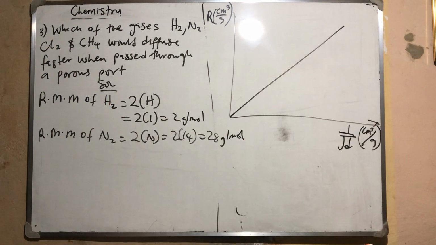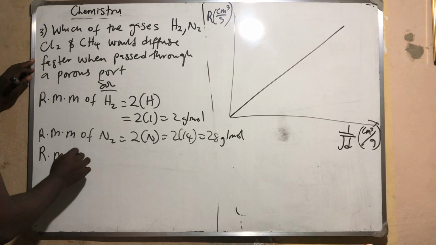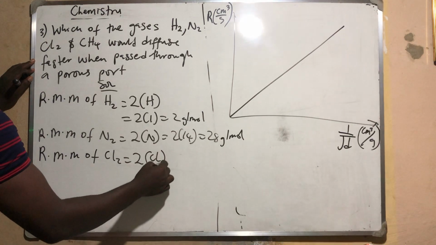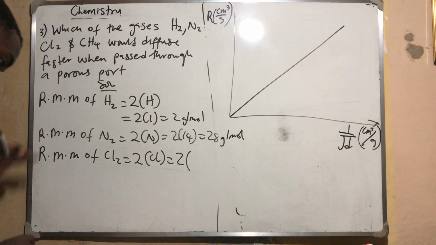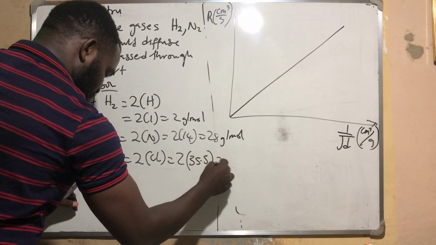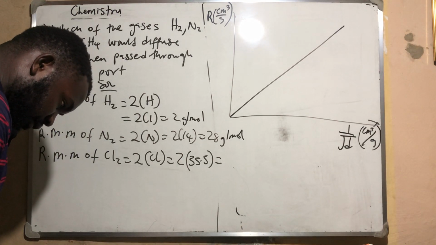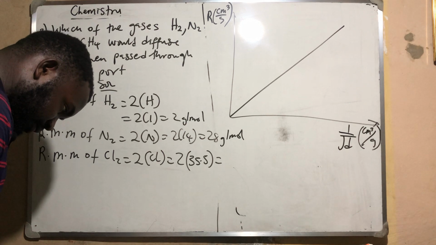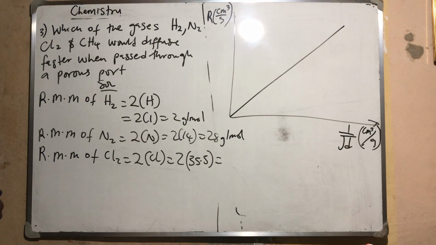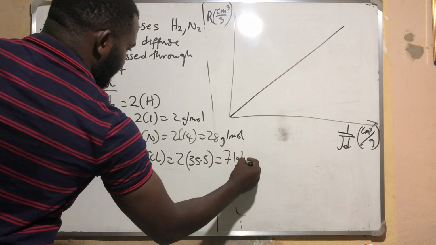The next one is Cl2. The relative molecular mass of Cl2 is 2 times Cl, which is 2 times 35.5, which is 71 gram per mole.